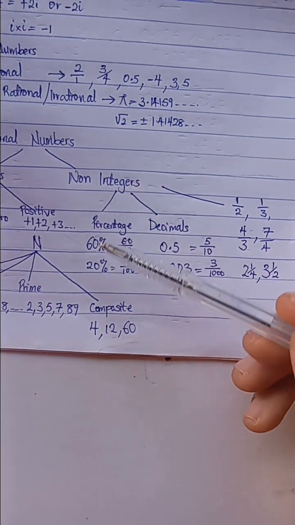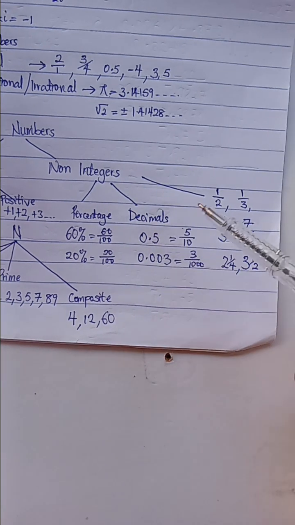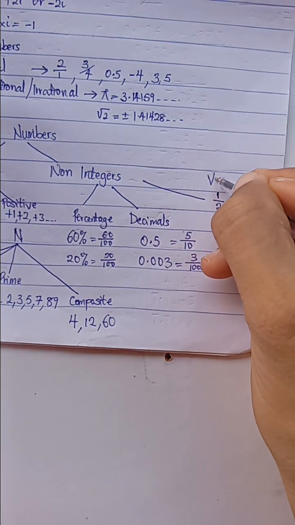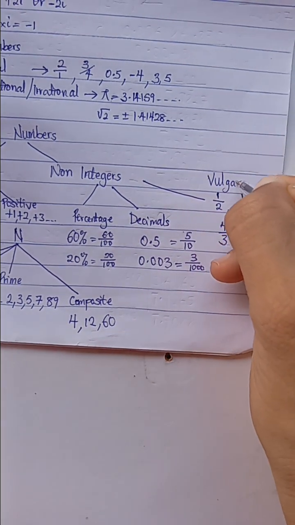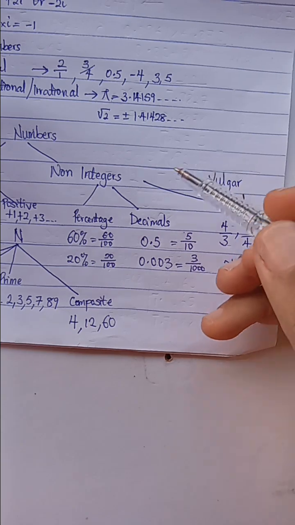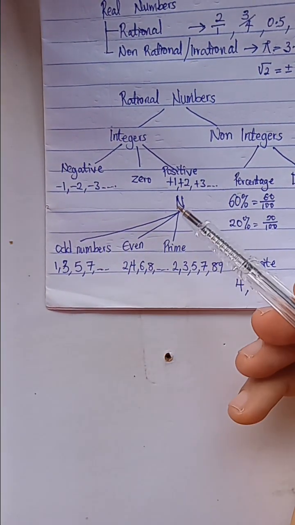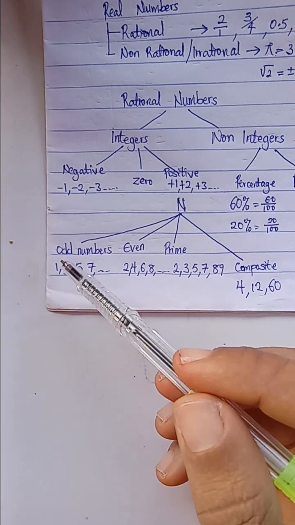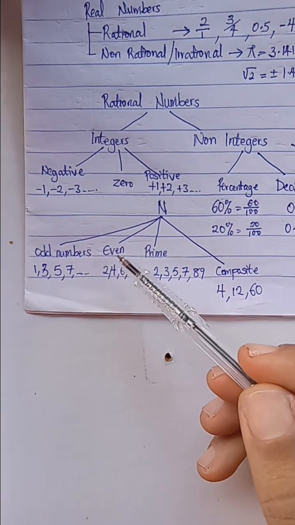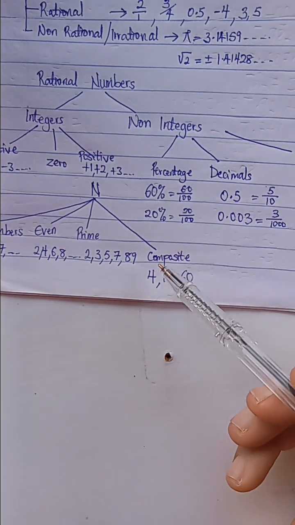Non-integers can be split into percentages, decimals, and vulgar fractions. So non-integers are also called fractions. Then positive integers or natural numbers can also be grouped into odd numbers, even numbers, prime numbers, and composite numbers.